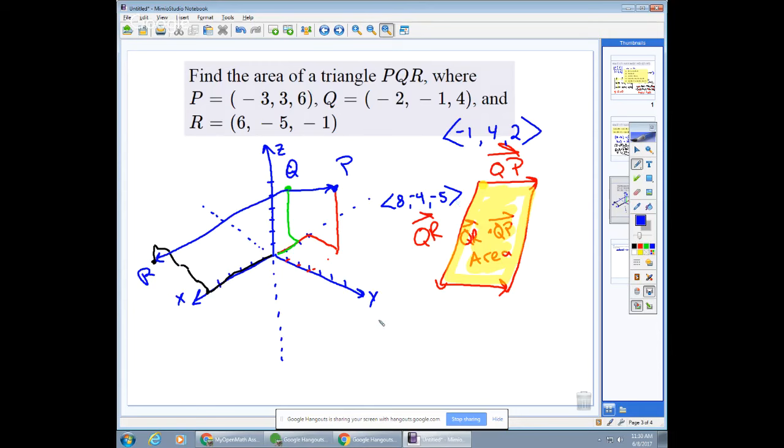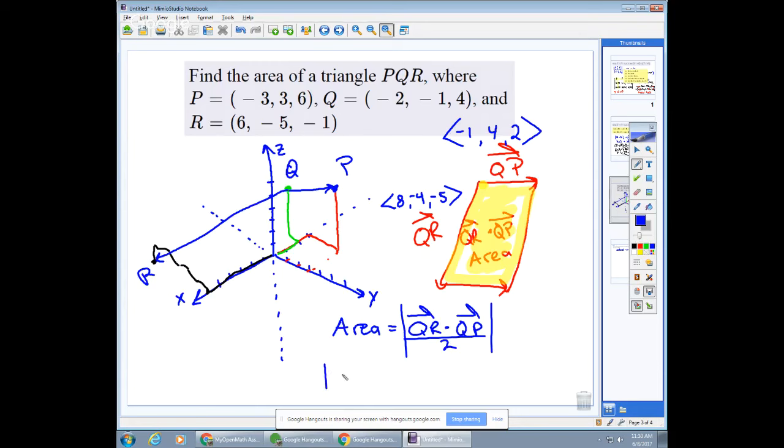So dotting those two vectors and dividing by 2 should give me the area of the triangle. So I want QR dotted with QP over 2 for the area of the triangle. So what's that going to give me? And I want the magnitude of that, by the way, absolute value.